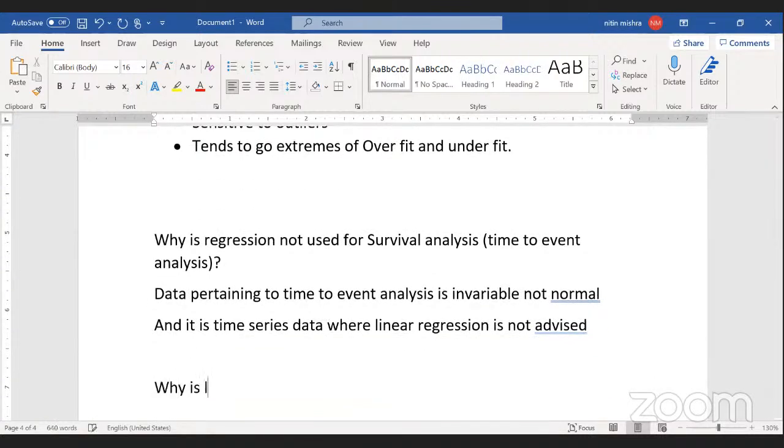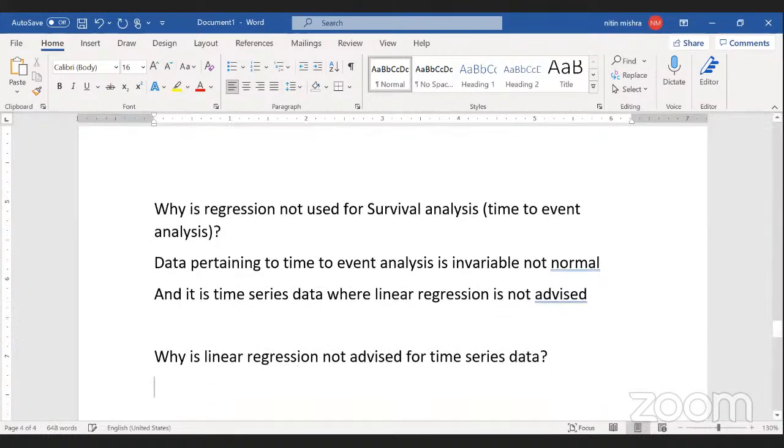Now, why is linear regression not advised for time series data?